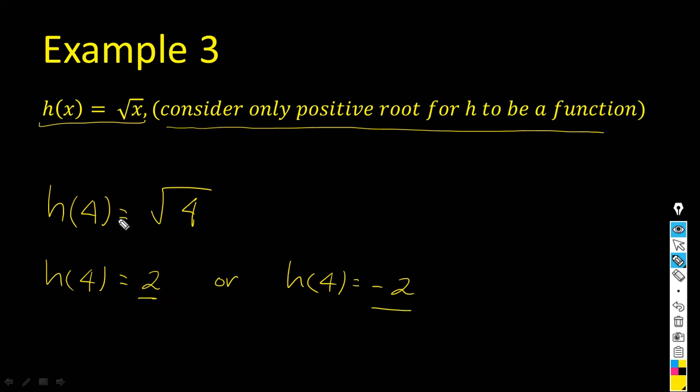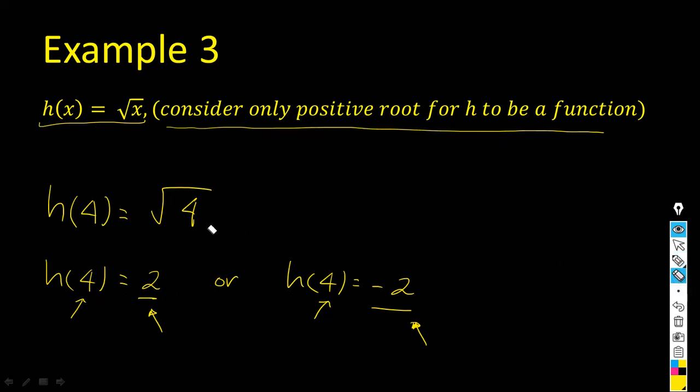Okay, so if I did that, h wouldn't classify as a function because for a single input it would give me two different outputs. And remember that the definition of function doesn't allow you to have two different outputs for an input. Okay, but if we only stick to consider only positive roots, then h can be a function.